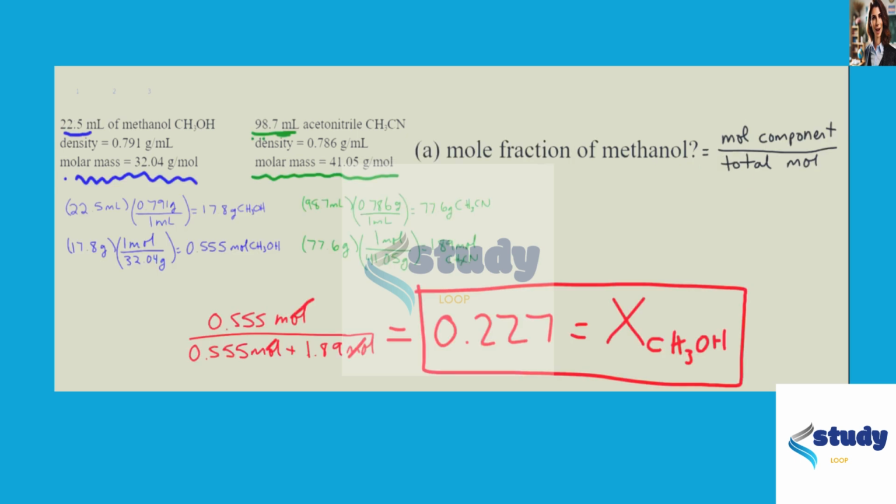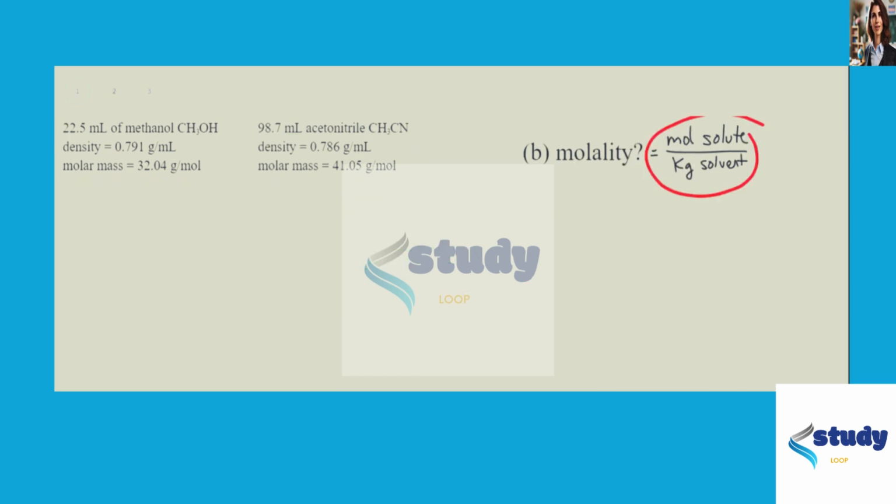We have from earlier, the solute in this case is methanol because it is present in a smaller quantity. So this over here is my solute, and the component that's present in the greater quantity is the solvent. I already have moles of solute. I found that earlier. It was 0.555 moles of methanol.